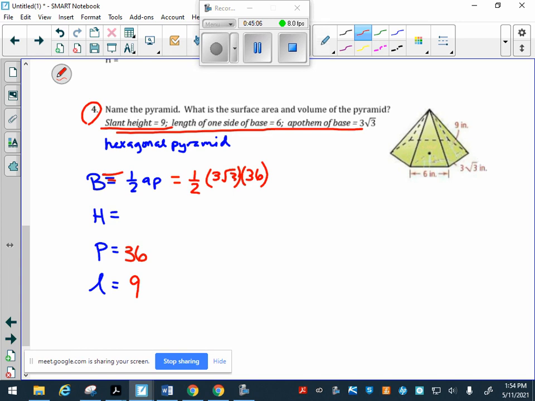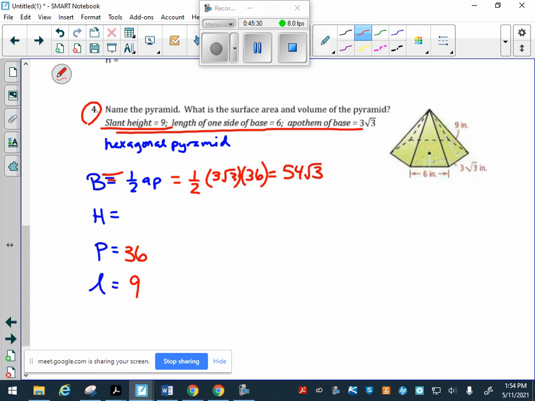So that is 54√3. Now, again, if they asked us to put this in decimal form, we would just do 54 times root 3 on our calculator, put it in decimal. I'm going to have us practice leaving it in exact form. Okay? So, 54 root 3 is the area of the base.